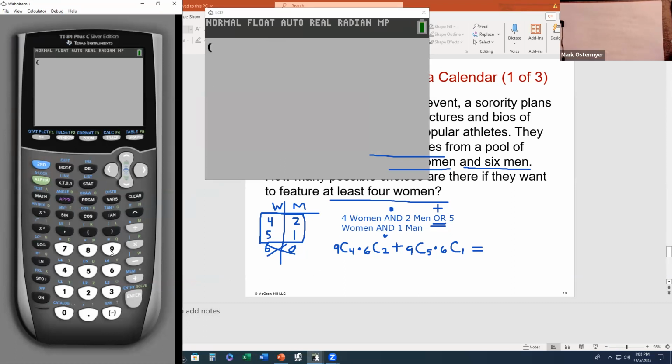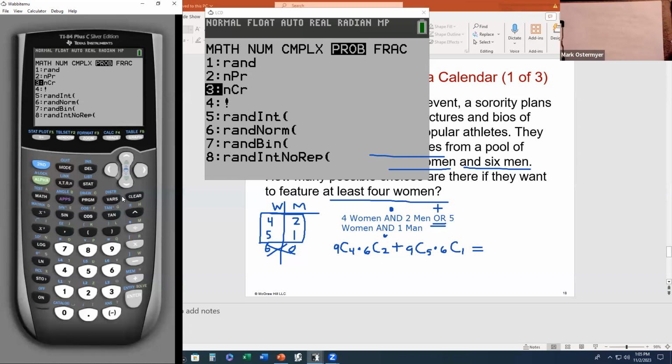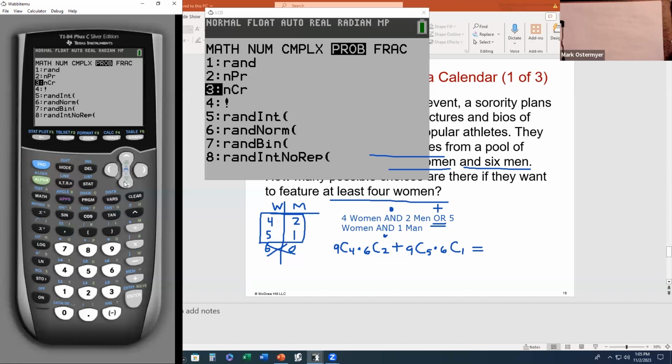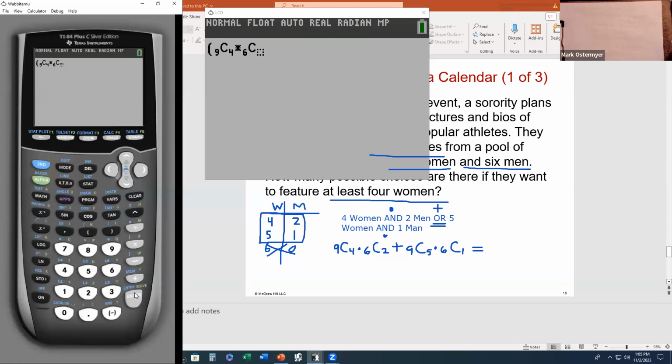So open parentheses 9 in combination with 4 times 6 in combination with 2 plus, wait a minute. I said I was going to put parentheses around all these individually here. I should adhere to that. Sorry about that. I should be putting parentheses here.